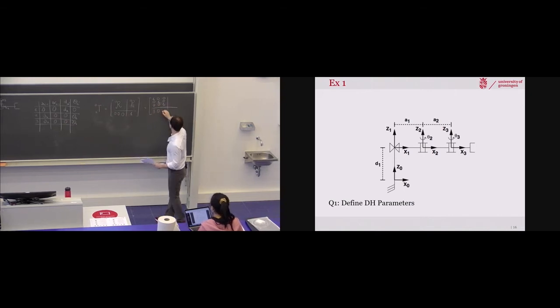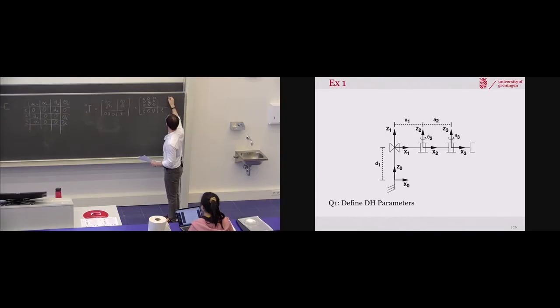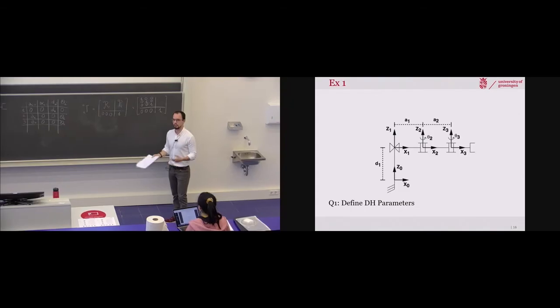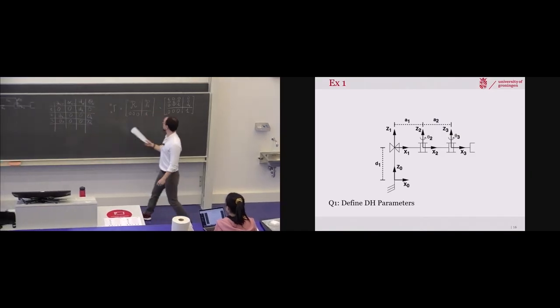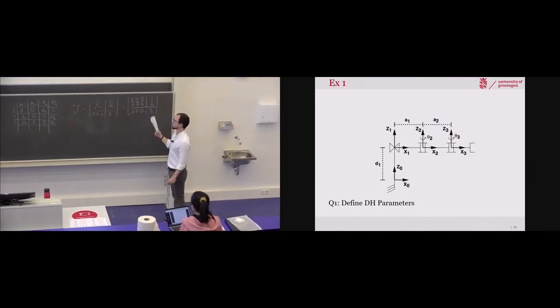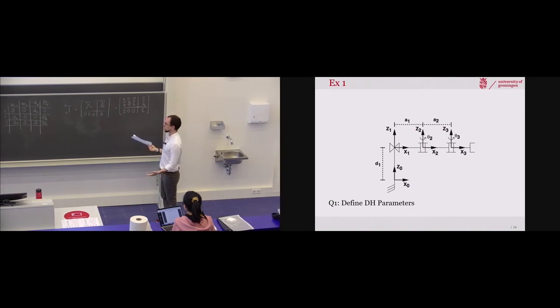Here we have the usual three 0s, and here we have a 1. And now the question is, what is this vector? What is the vector that connects the origin of frame 0 to the origin of frame 1? Well, it is just a vector of 0, 0, d1, because there is just a translation of d1 along the z-axis, as it is written over here. So this is the transformation matrix from frame 0 to frame 1.